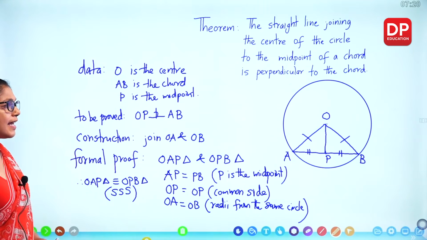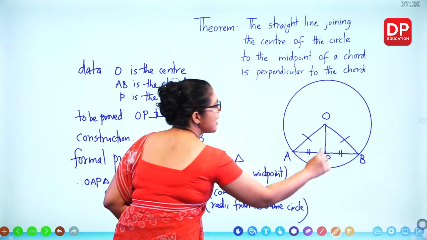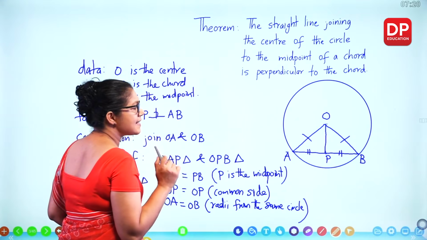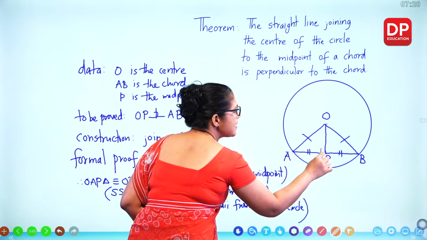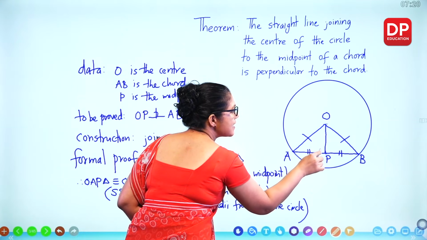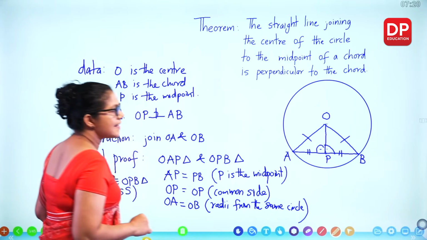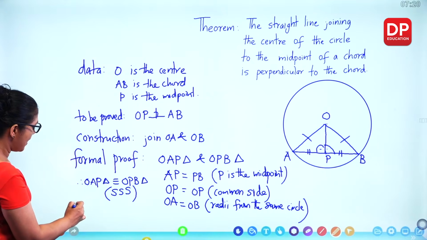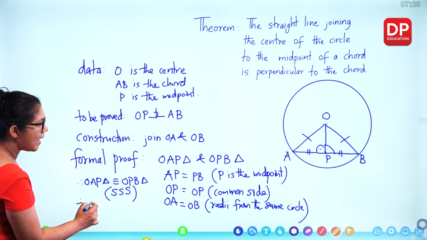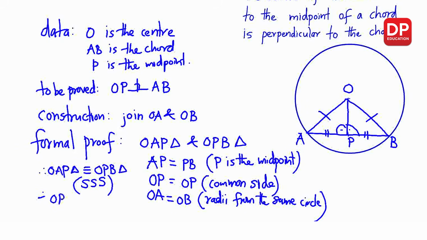Corresponding elements are equal. When you take these two triangles, this angle, opposite to this line, is the same as this angle. So here, therefore, we can say angle OPA is equal to angle OPB, corresponding elements of congruent triangles.